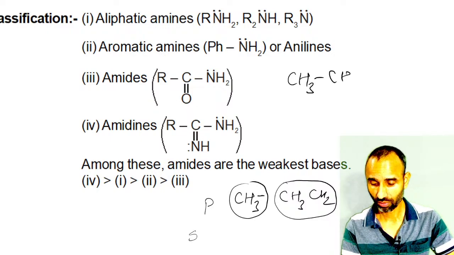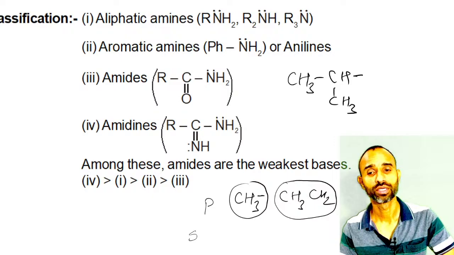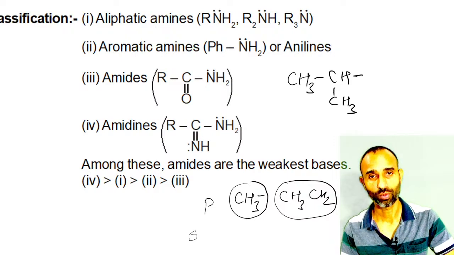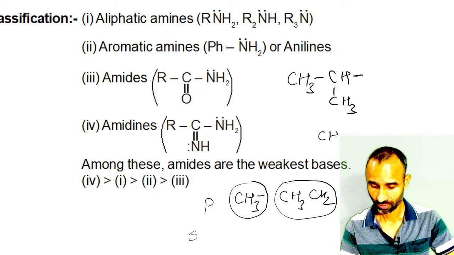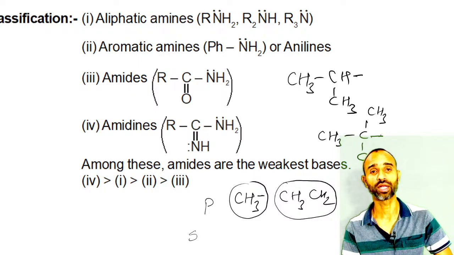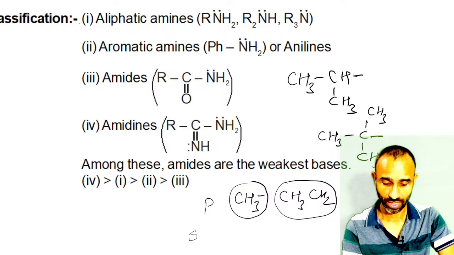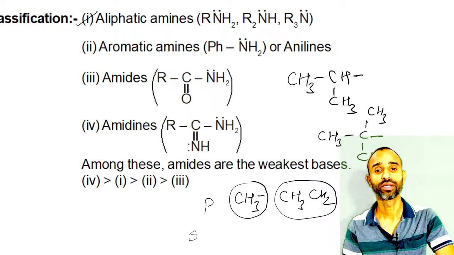What is the name of this group? This is isopropyl and tertiary butyl. Means if we have alkyl groups attached to the nitrogen, that is called aliphatic amines.